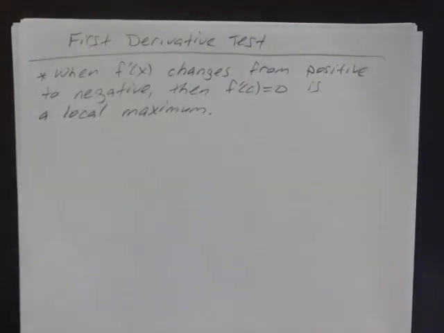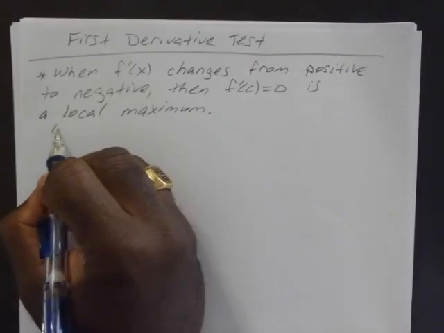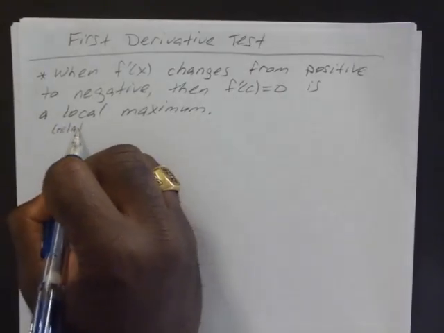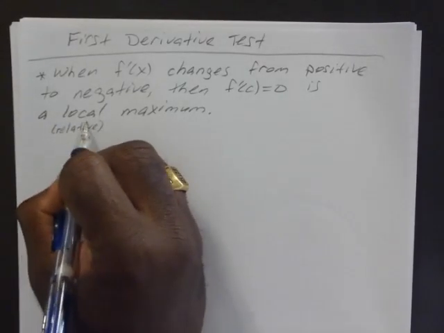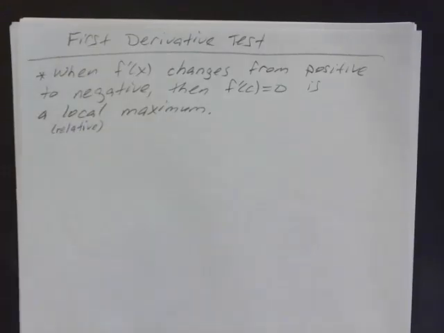And sometimes the local maximum is called the relative maximum. They may call it one or the other, or both. They may switch it up per problem.